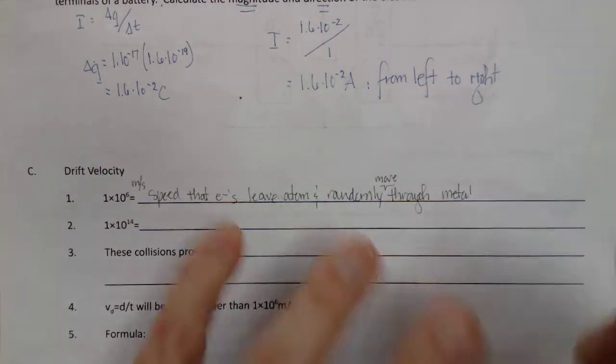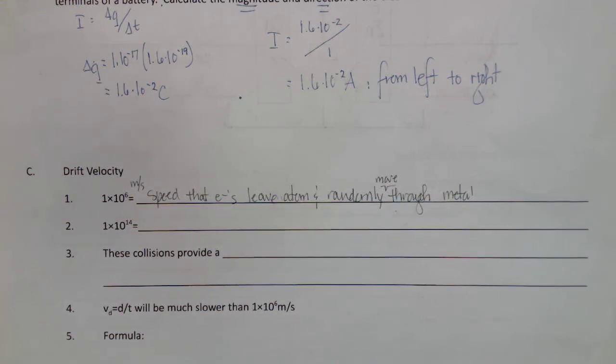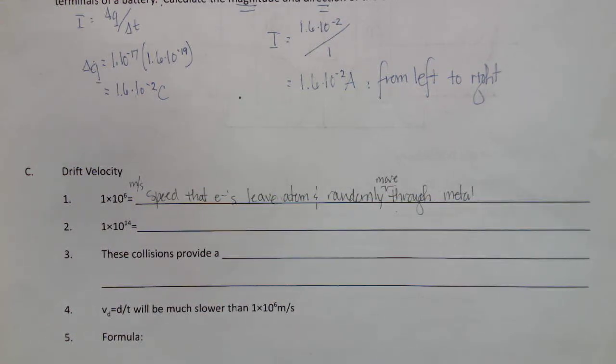We're talking about a metal here because that's what carries the electrons, a conductor. So it sounds like, wow, 1 million meters per second, that's kind of fast. Why is it that Mrs. Warner is saying they don't actually have little feet that run?